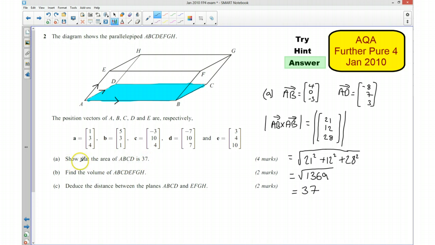Okay, so we've shown that the area of ABCD is 37.